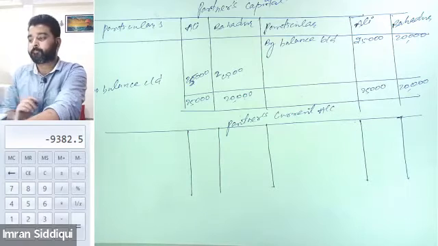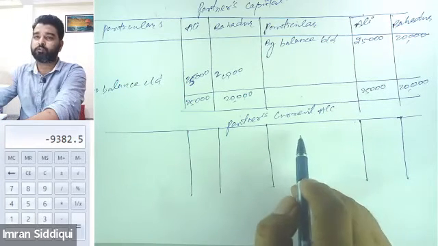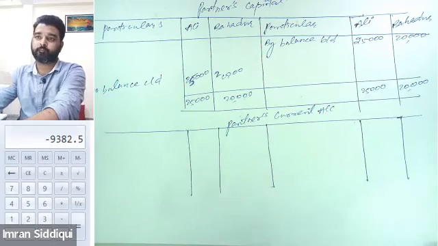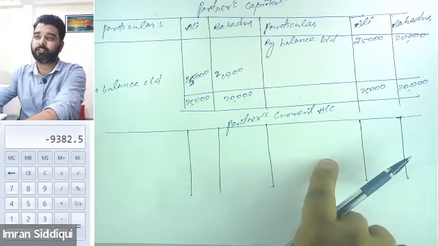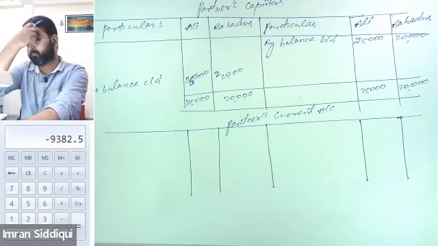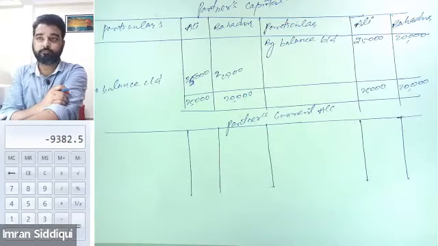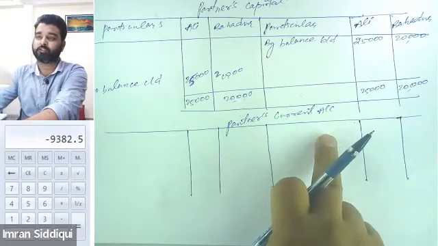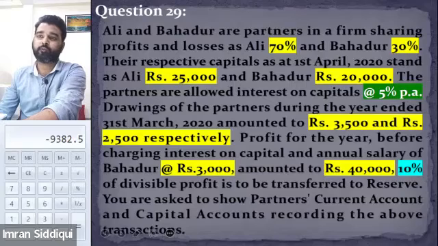Now see, a partner's current account balance is also generally given in the question. We will only write down the opening balance in the partner's current account if it is given. But in this question, you can see nowhere is the current account balance given.